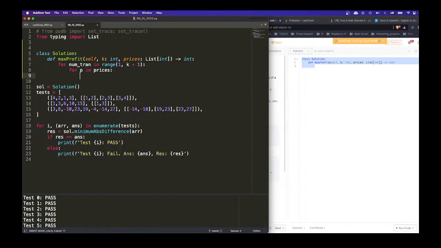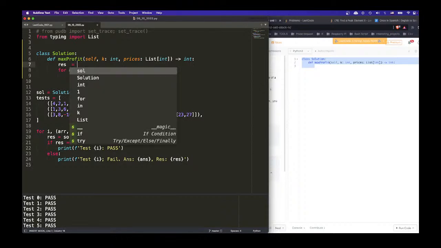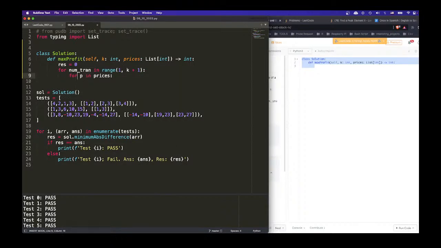Then max profit: we can keep track of the max profit as we go through. So we're going to say res equals 0.